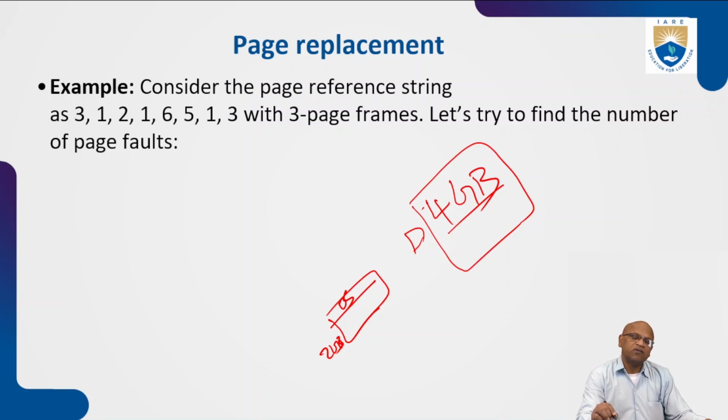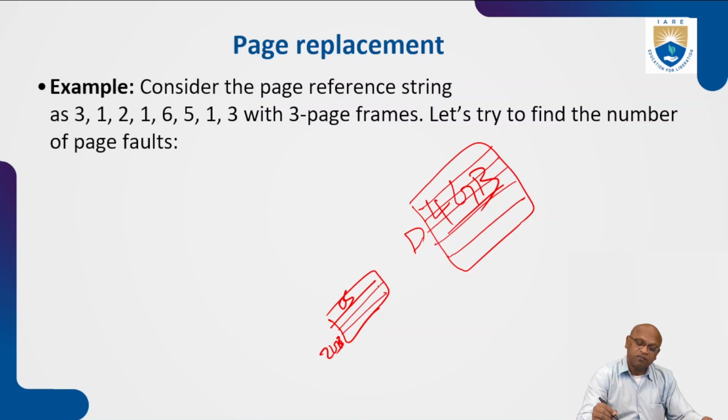Whatever the 4 GB file is, we make it into pages, and your 2 GB RAM is made into frames. The page size and frame size should be equal: if you are making 10 KB pages, the frames are also 10 KB. Like this we make the pieces.